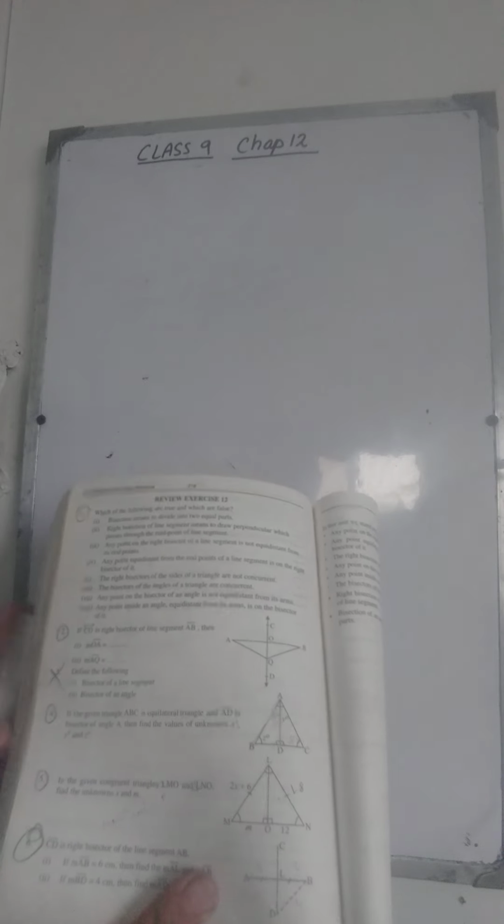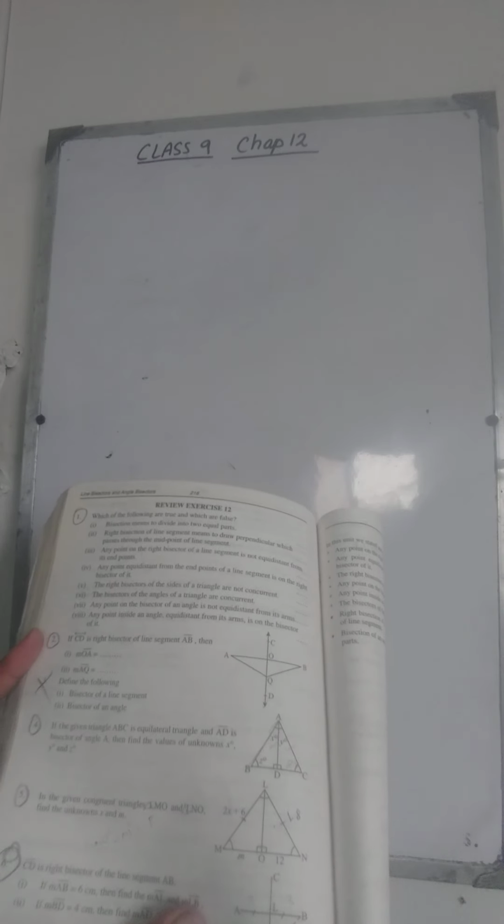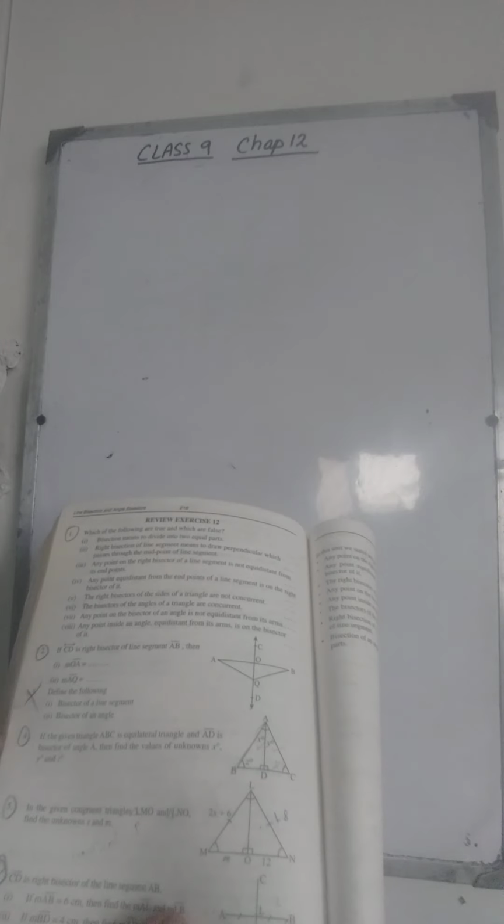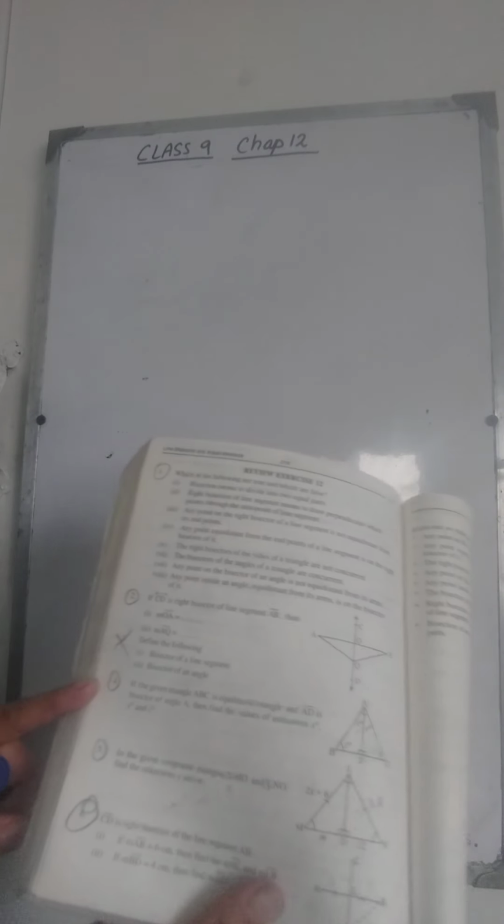In the review exercises, question number 2 is very easy. You can easily attempt this because it's almost the same as question 6. So I'm going to do questions 4, 5 and 6, and you can try questions 1 and 2 then, because they are going to be easy for you after doing this. So let's start with question number 4.